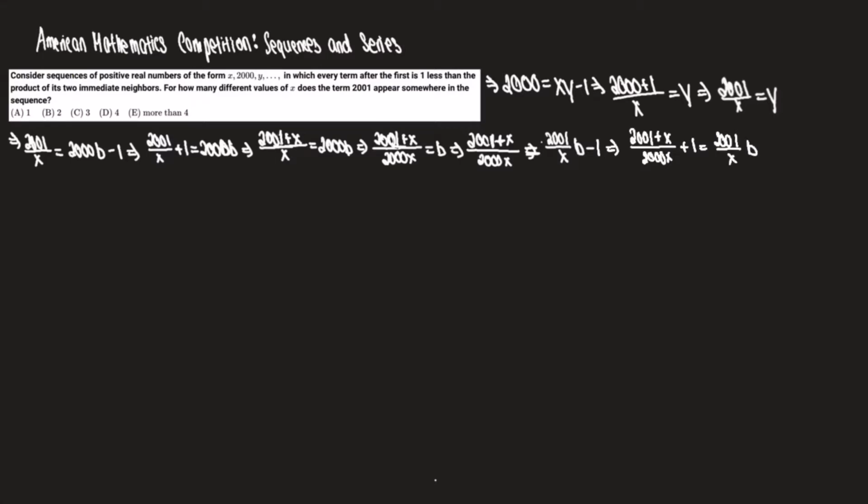Alright, continuing, multiplying everything by x, the x's cancel out on the first one, so we get 2001 plus x divided by 2000 plus 2000x over 2000, which is just plus x.